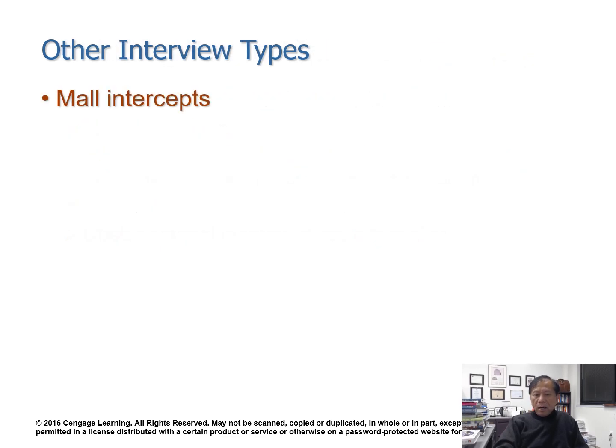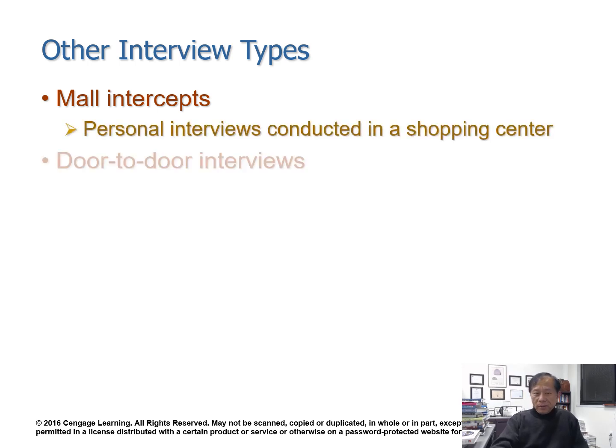Okay. Other interview types, mall intercept. Go to a shopping mall, intercept people. You probably see that all the time in the mall. They say, hey, we have a drawing. If you participate in the survey, you can have a chance to win something of huge value. Mall intercept. Okay?